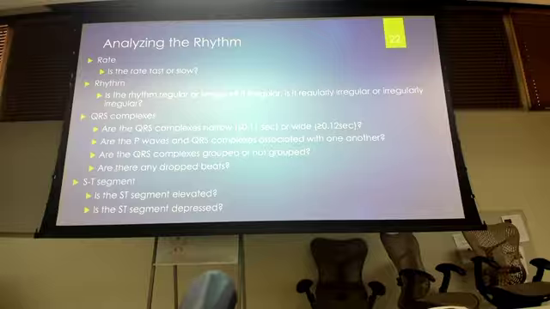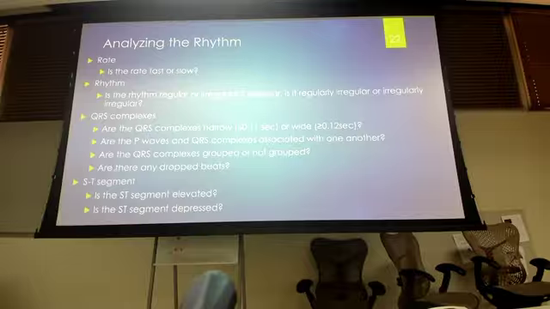When we look at the rhythm, the best way to do this is look at that 10-second strip. It gives us 10 seconds of what that heart looks like. So we're immediately taking our eyeballs down to the bottom of that ECG and looking at that 10-second strip. Look at your R to Rs. Do your R to Rs look like they pan out like a metronome? Because if they go da da da da da da, well, that's not a regular rhythm. That's an irregular rhythm.